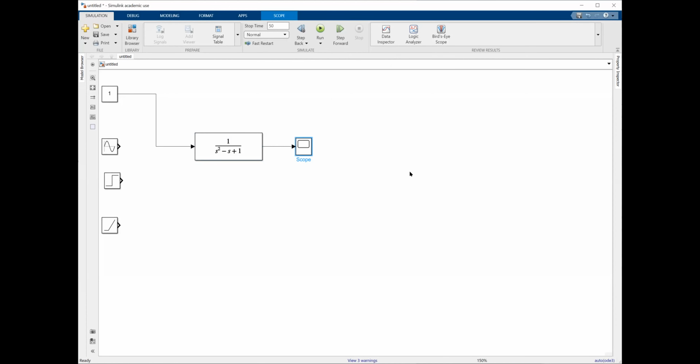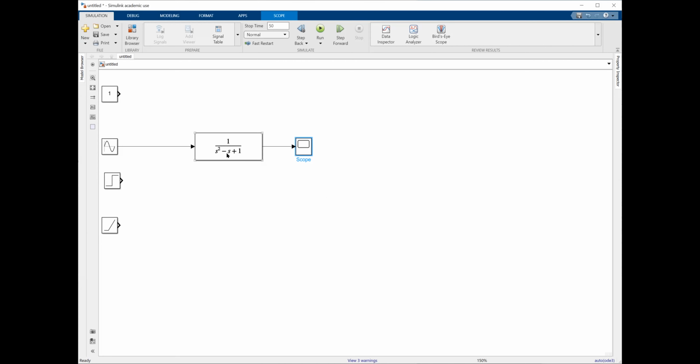What you want to do is connect this to a sinusoid, and then I'm going to run. Double click. And then you will notice that your system response has become unstable.